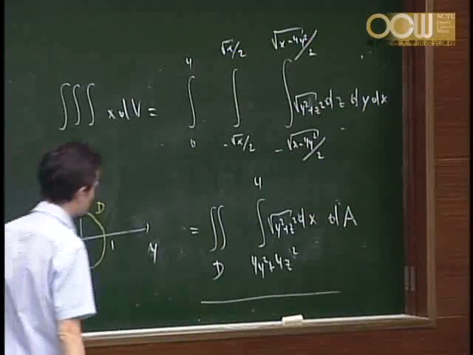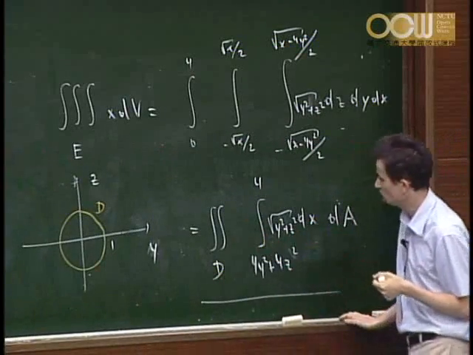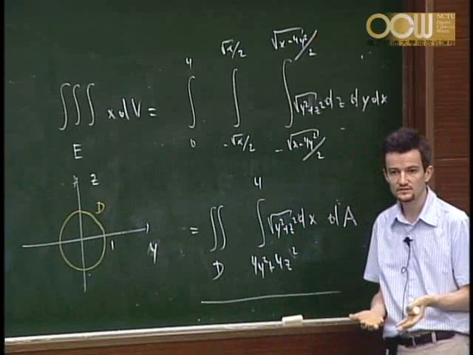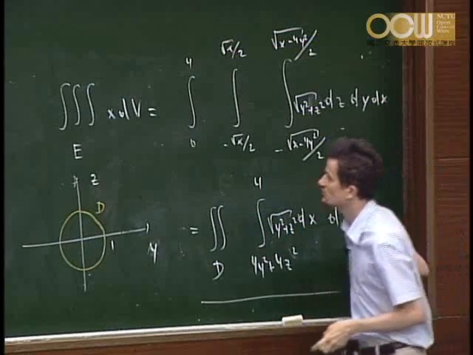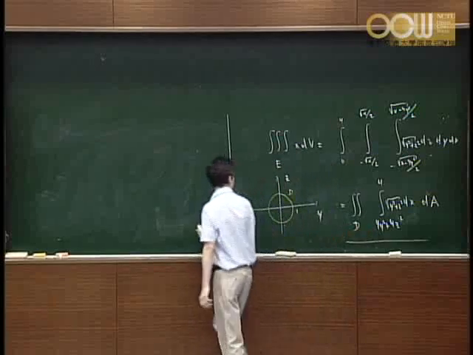But you see, this one would be quite easy actually, because you can take out this one, and then you will introduce polar coordinates. So maybe let's look at this one.